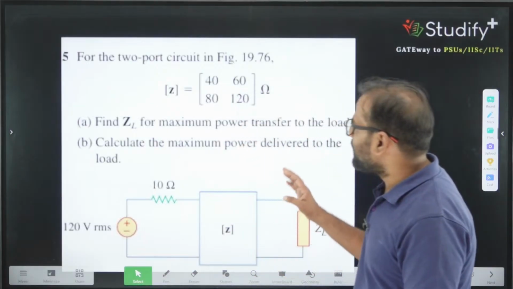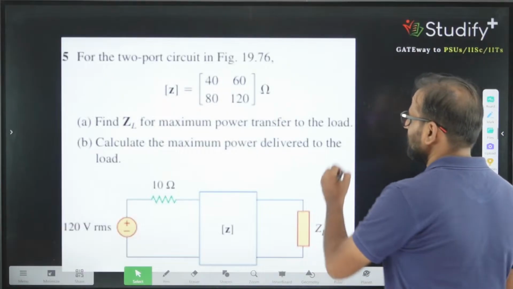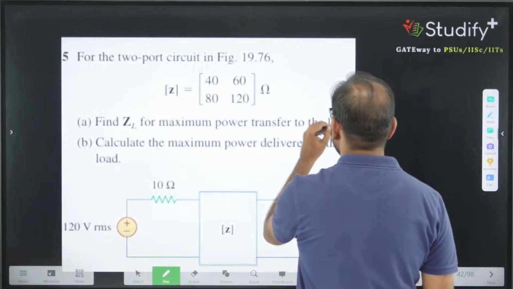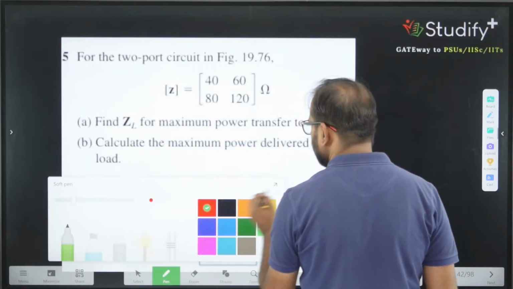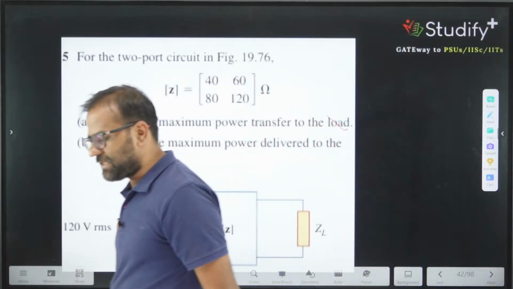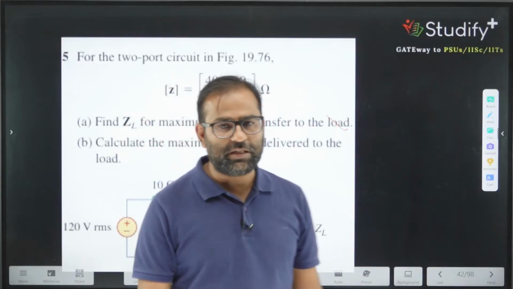In this type of question, they will ask you the value of ZL for maximum power transfer to the load. One load is given, and across the load we want to transfer the maximum power. So this question is based on the combination of two-port network and maximum power transfer calculation, and they are asking for the maximum power delivered to the load.